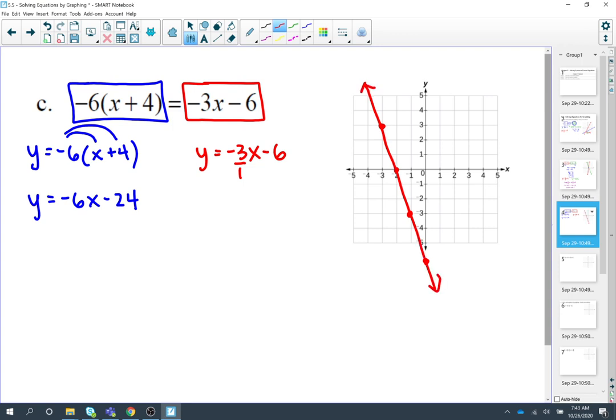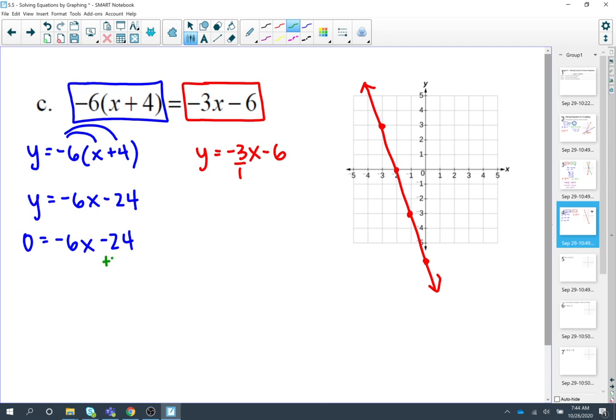Now, the blue one, I kind of hesitated because this has a y-intercept of -24, which I'm not putting on that graph. So I'm going to go back and review how to find x and y intercepts. Remember, if I want to find the x-intercept, you do the opposite, and we're going to substitute 0 in for y. So 0 equals -6x minus 24. I'm doing this so I can find the x-intercept.